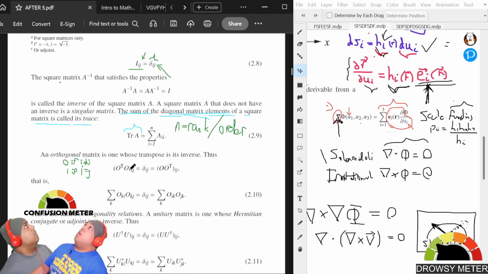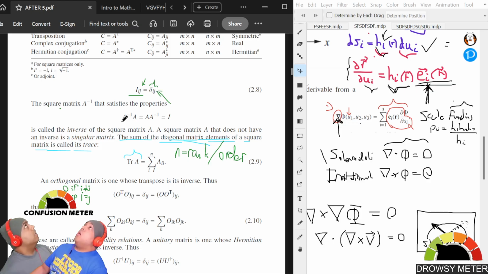So, an orthogonal matrix is one whose transpose is its inverse. This is weird. It's a bunch of jumps in logic all over the place. One whose transpose is its inverse.